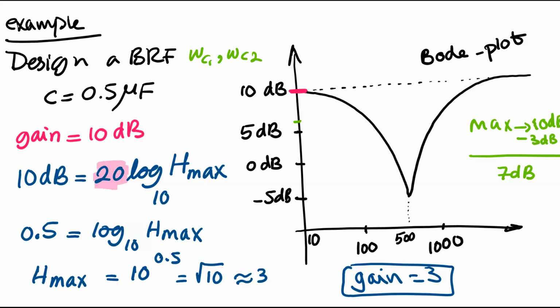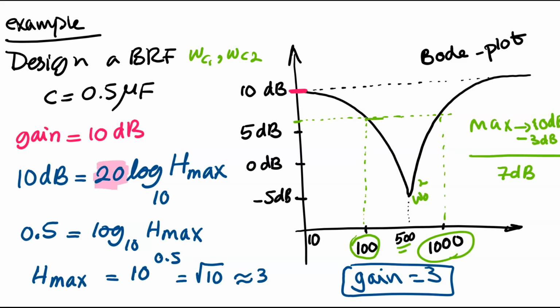Let's assume this is my 7 decibel gain. The cutoff frequencies will happen at this particular gain. So my lower cutoff frequency is equal to 100 and my higher cutoff frequency is equal to 1000. And omega naught squared is equal to 500.